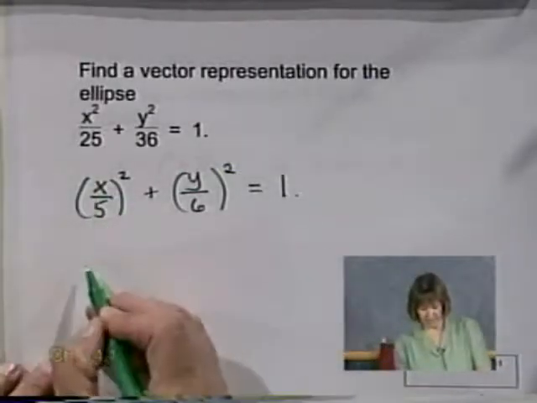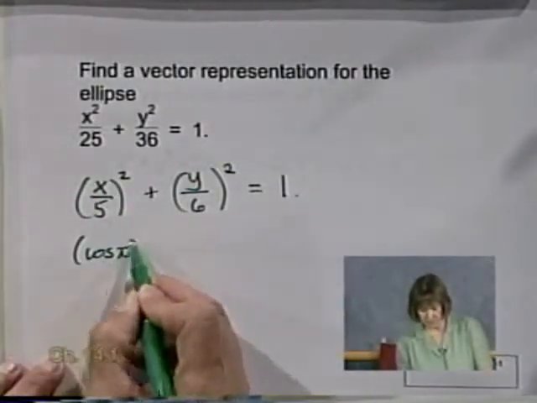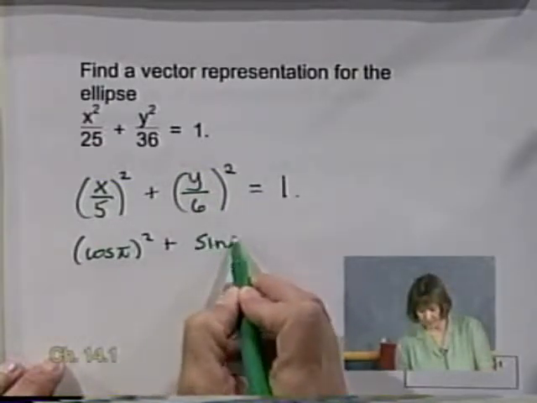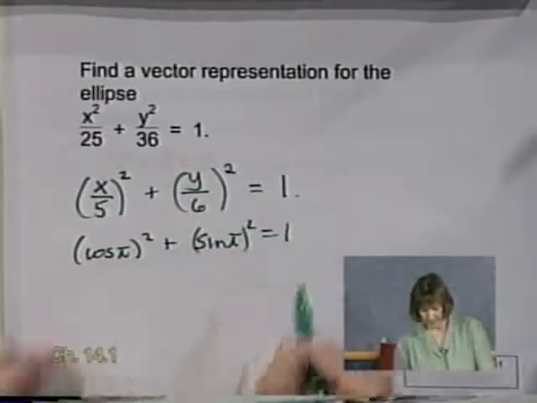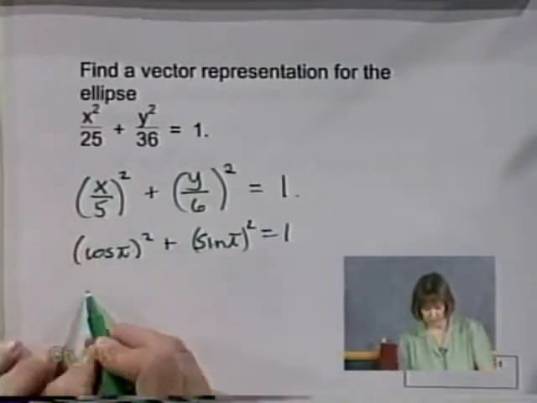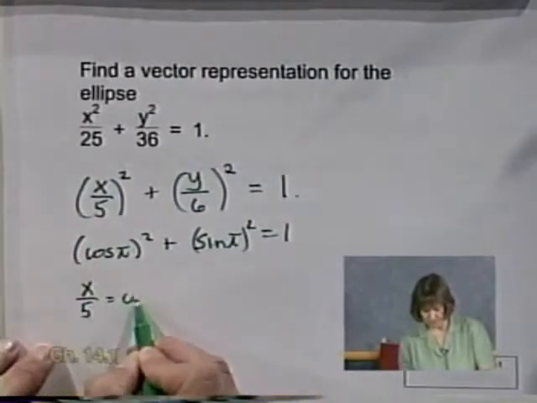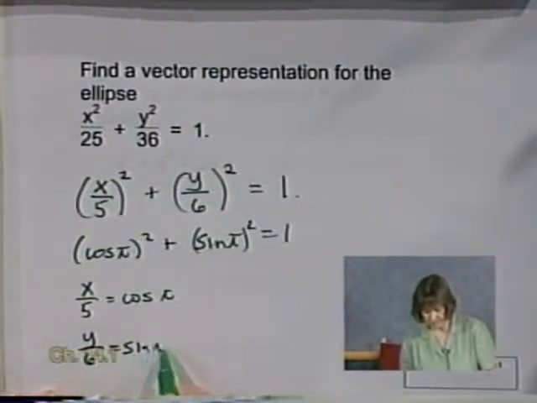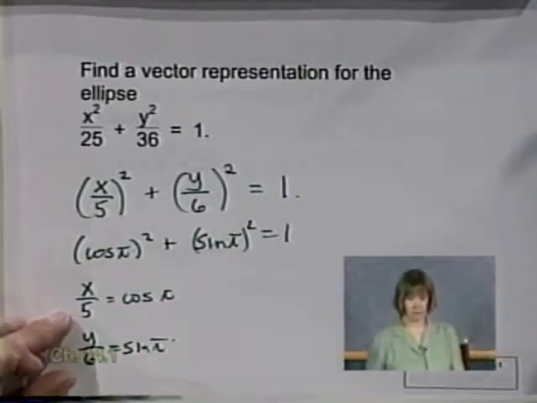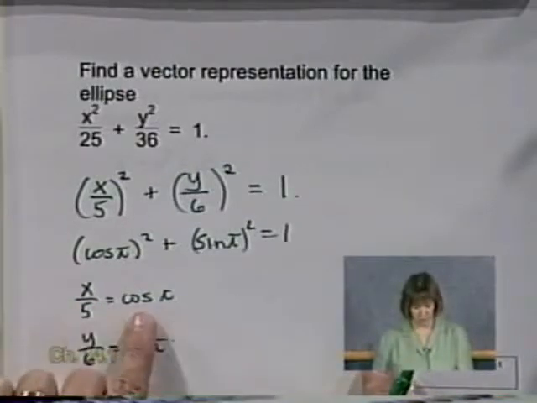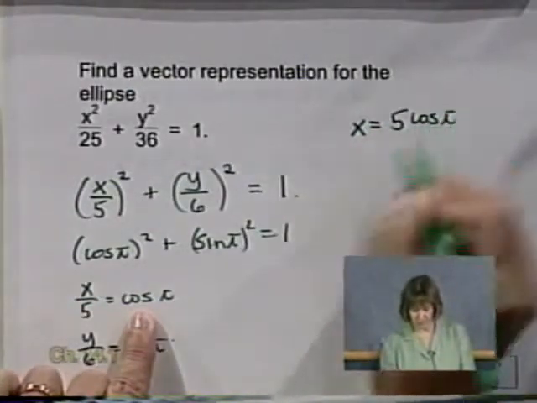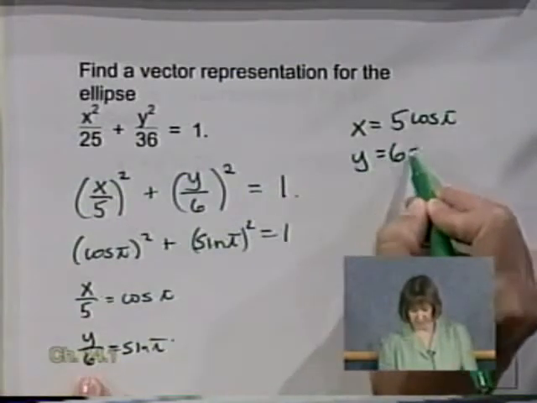So I'm going to let x over 5 be my cosine t, and y over 6 be my sine t. And so I have a wonderful parametric representation. If you take x over 5 as cosine t, that gives you x equals 5 cosine t, and y would be 6 sine t.